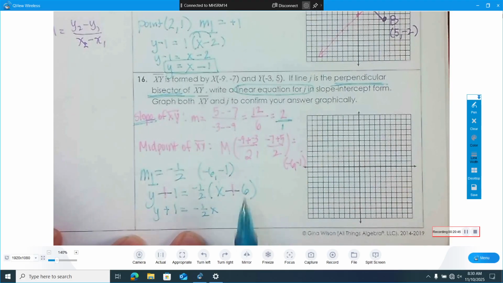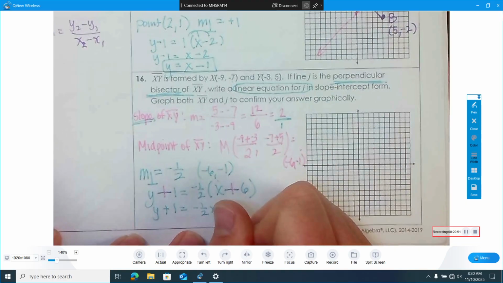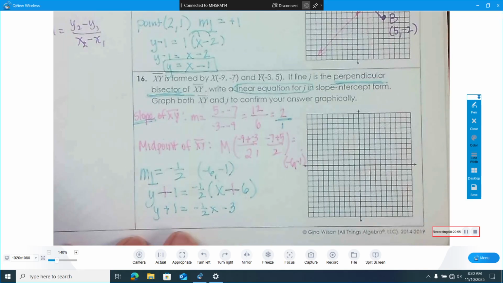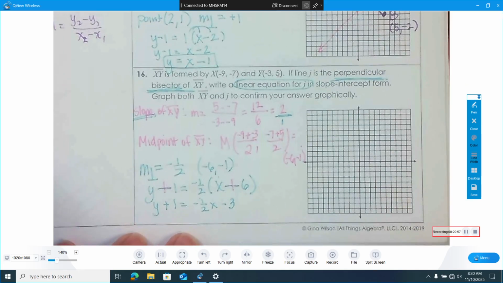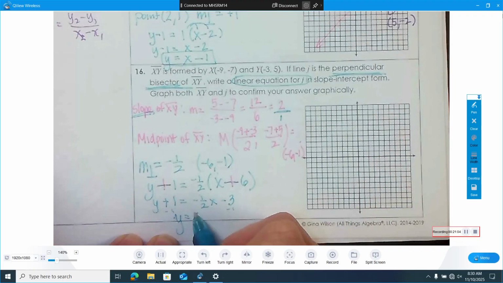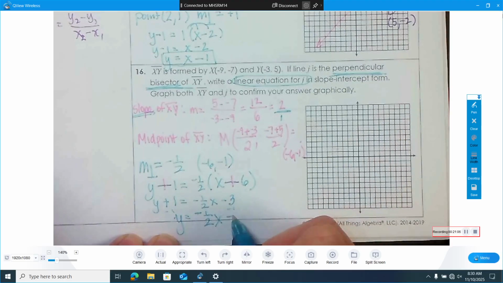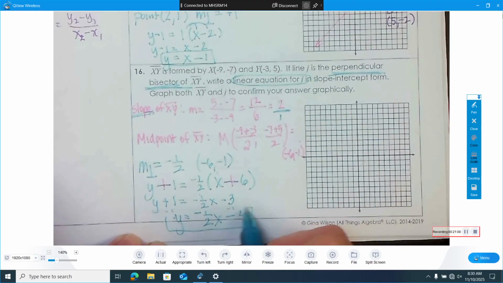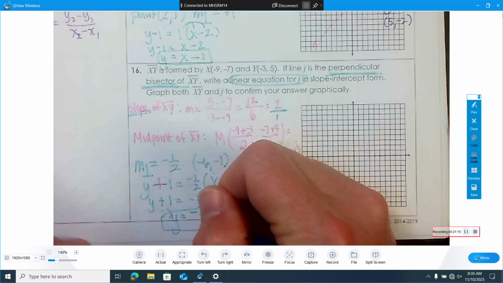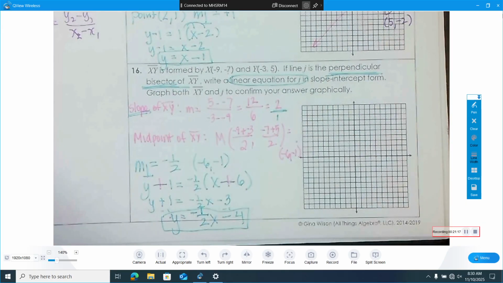And what is -1/2 times 6? -3, yeah, half of 6 is 3. All right, -3, and then we can subtract 1 from both sides, so we get y equals -1/2 x minus 4. Ladies and gentlemen, do you have questions for me?